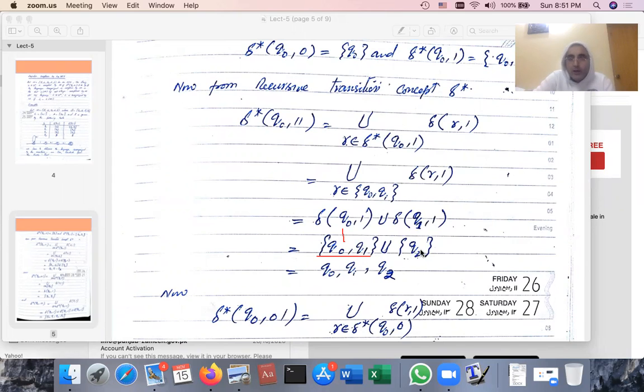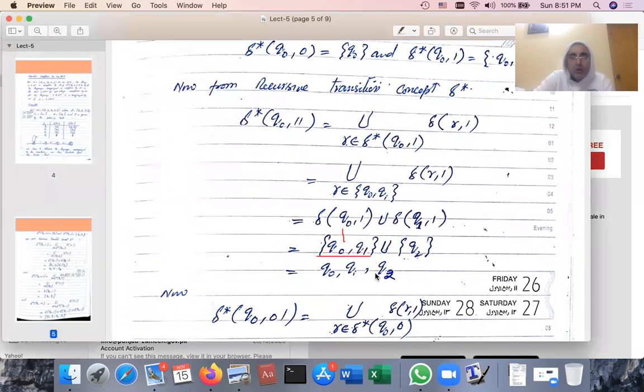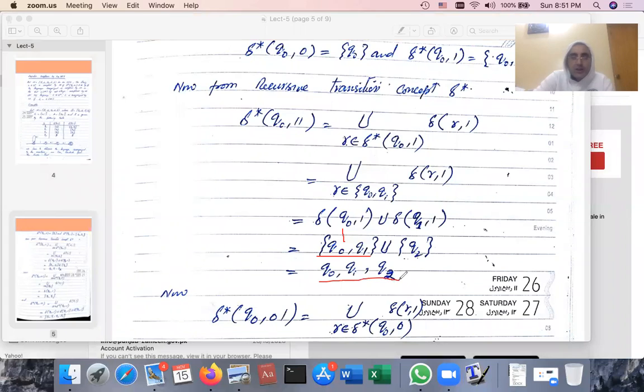And now take the union again. This is Q0, Q1, Q2. So this is now our final set of states. So I am reaching at Q2 basically. So after applying 1 1 at Q0, I will reach at Q2.